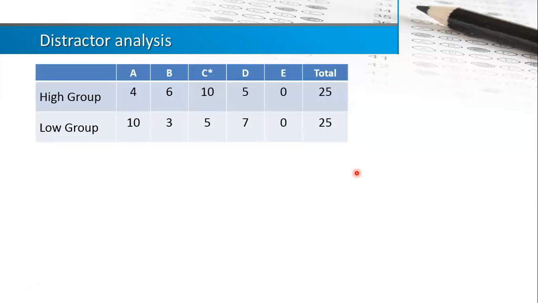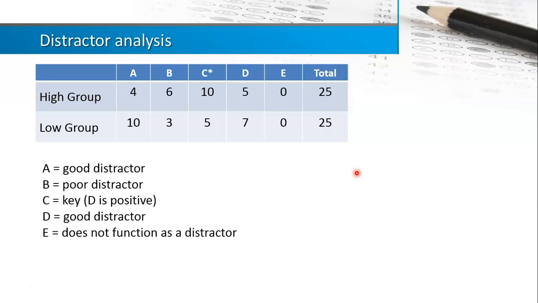So this is an example. Okay, so A is a good distractor, B is a poor distractor because the higher group selects B more. C is the key and it has a positive D, so it's okay. And D is a good distractor as well because more of the lower group select D, and E can be considered a non-functioning distractor.